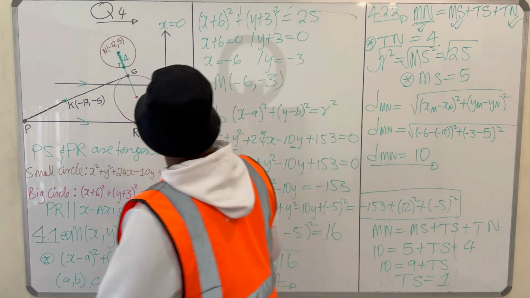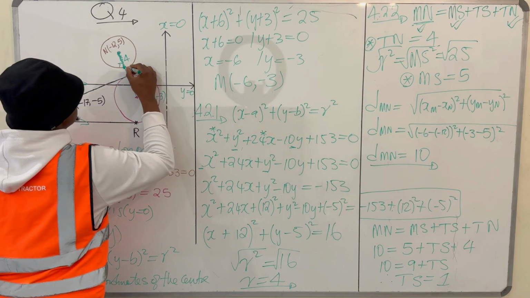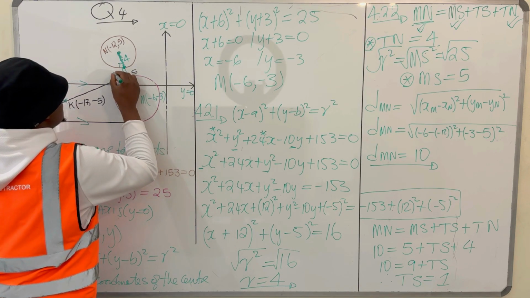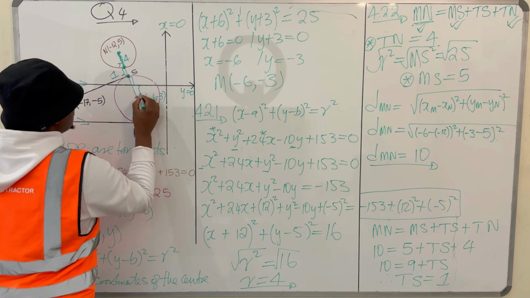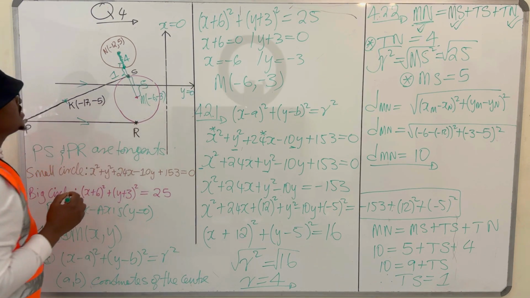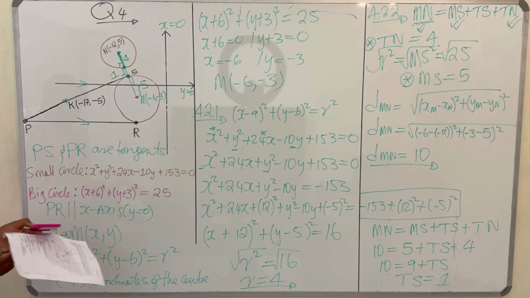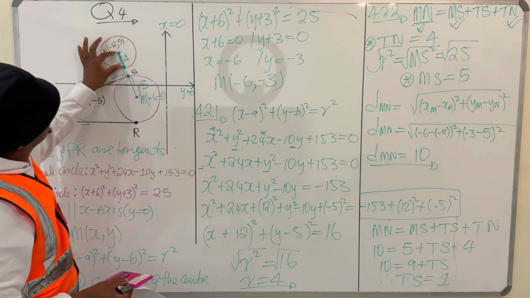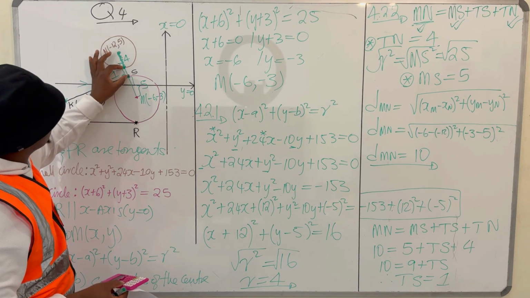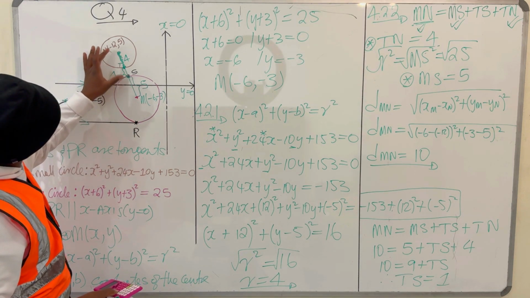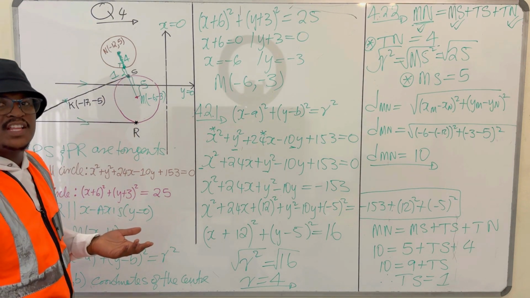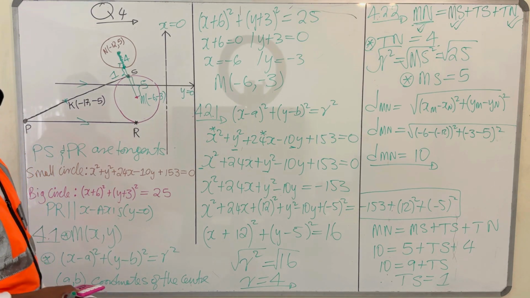So this distance from here is 1 unit, and the radius is 5 units. The distance here is 4, the distance between the circles is 1, and the radius of the larger circle is 5. So the entire distance between the centers of the circles is 10 units.